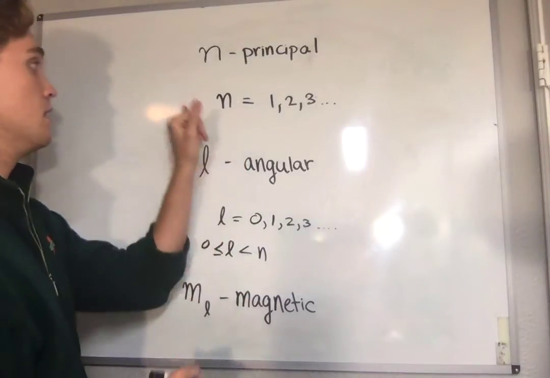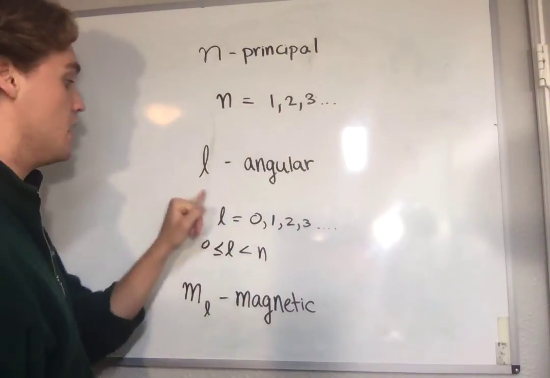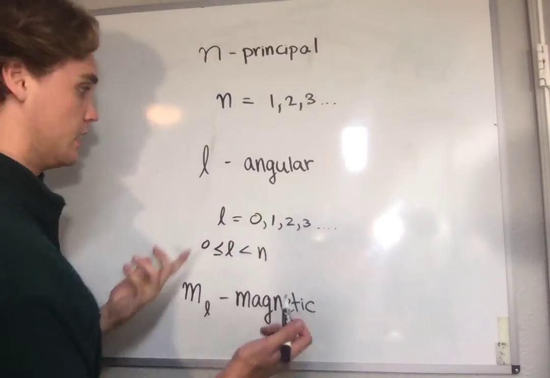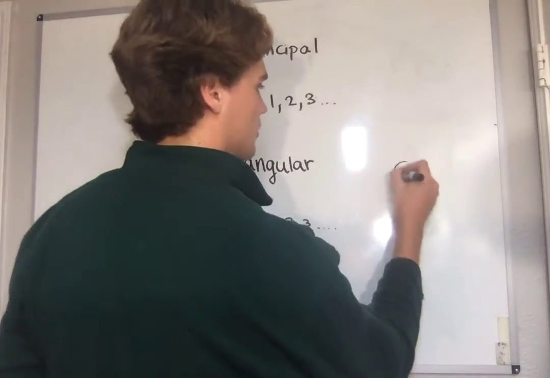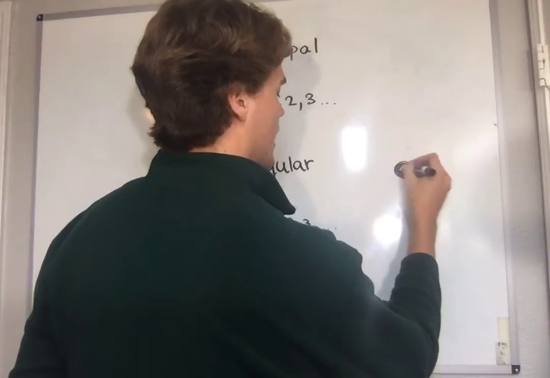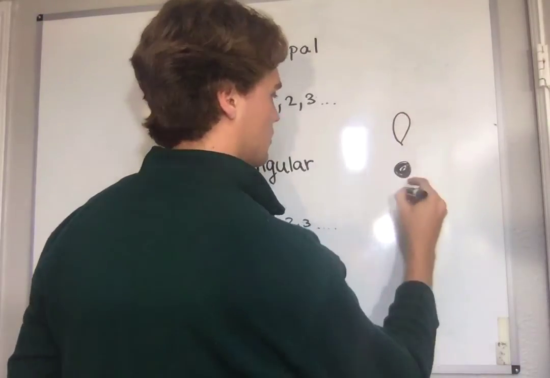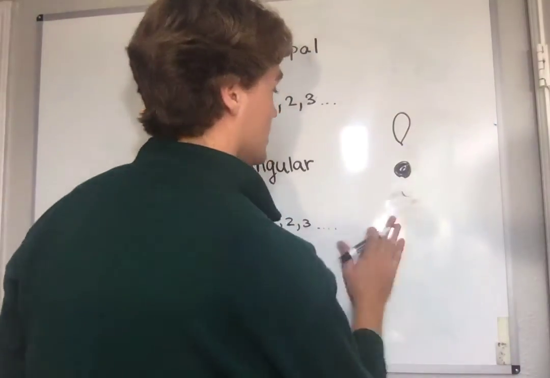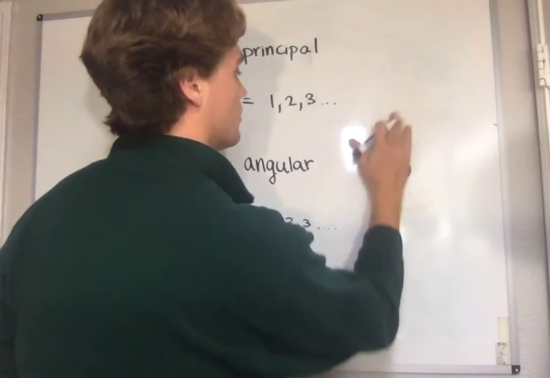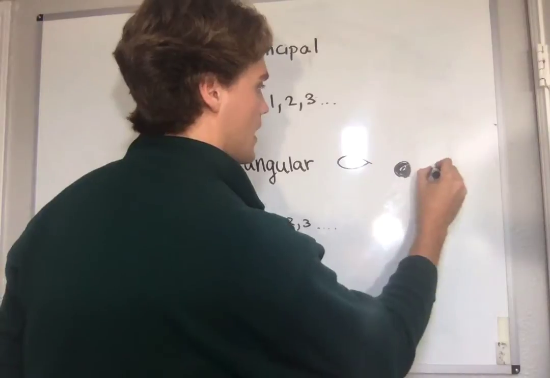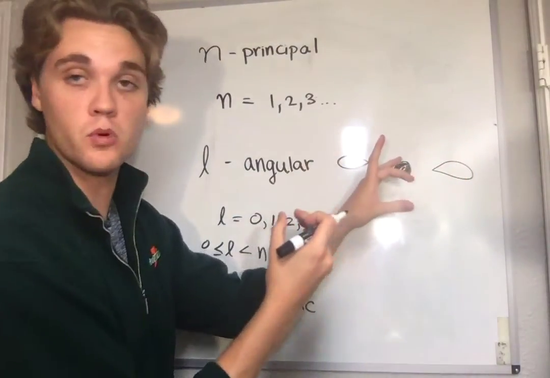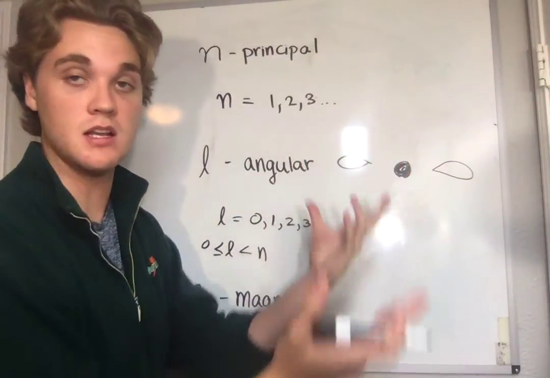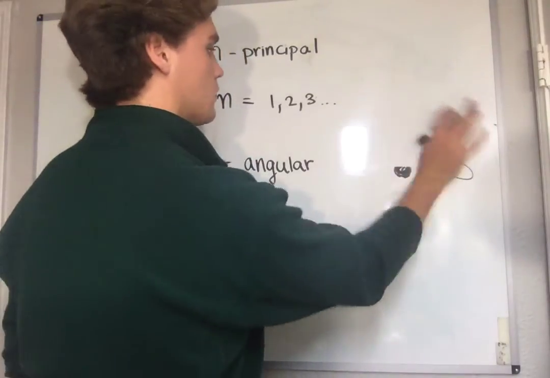So if I have a given size, I pick a given shape for it. Let's say here's my nucleus, and I have an L equals 1 orbital. It can be like that, or it can be oriented like that, or it can go into the board and out of the board. There's any number of ways it could be facing because it's in 3 dimensions.